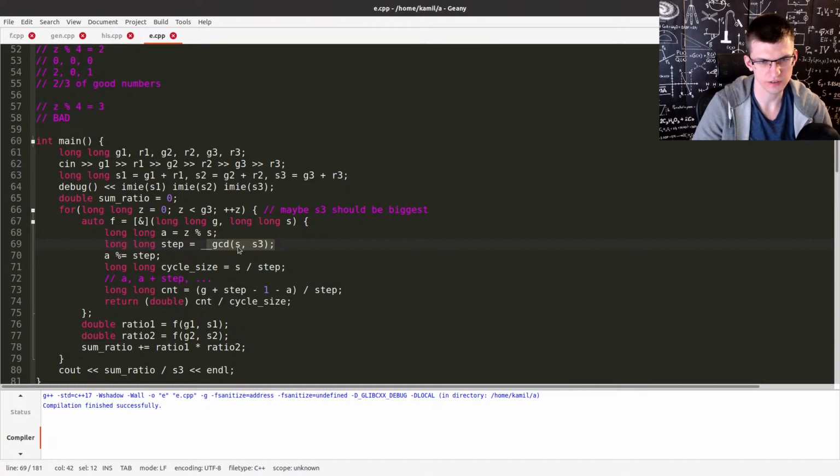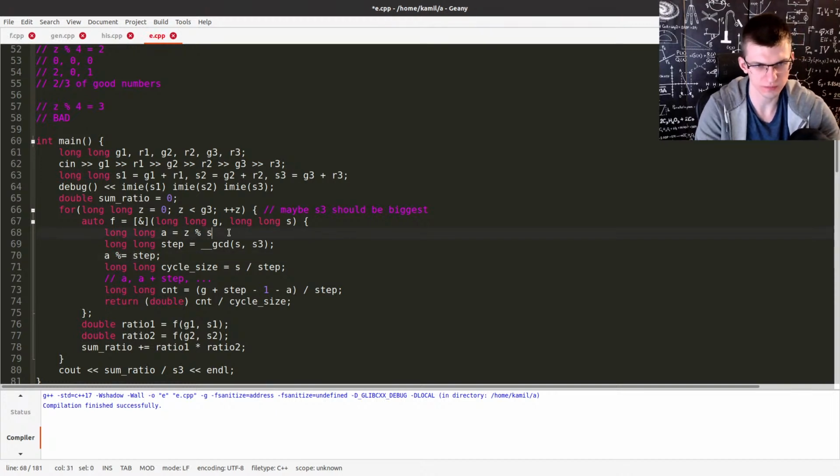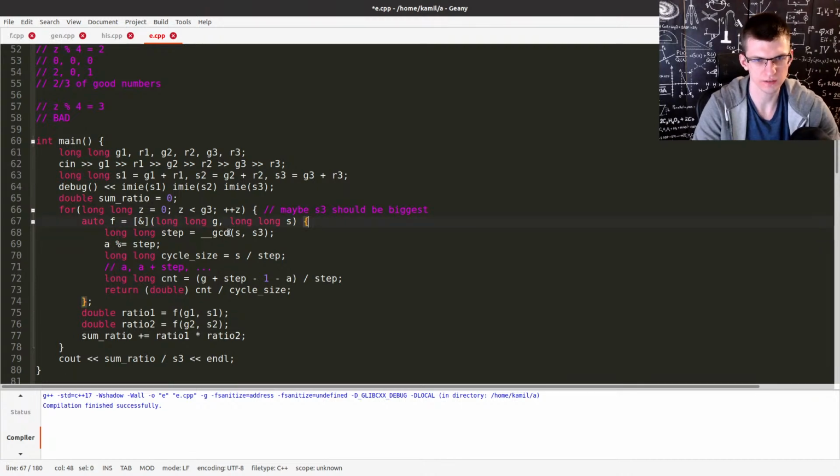Where do I use S? Here. This can actually be computed like that once. It's divided by step. Alright, so this is also computed once. Those two use S and nothing else. So let's pre-compute that.